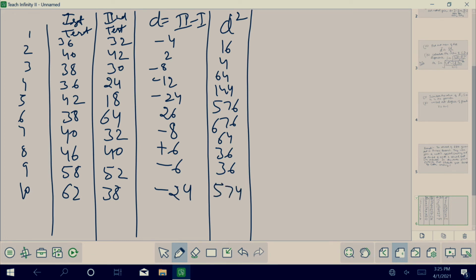Clear? Now we need sigma D. Sigma D in this question is minus 64 and sigma D square is 2192. Okay. So next, in the next slide.